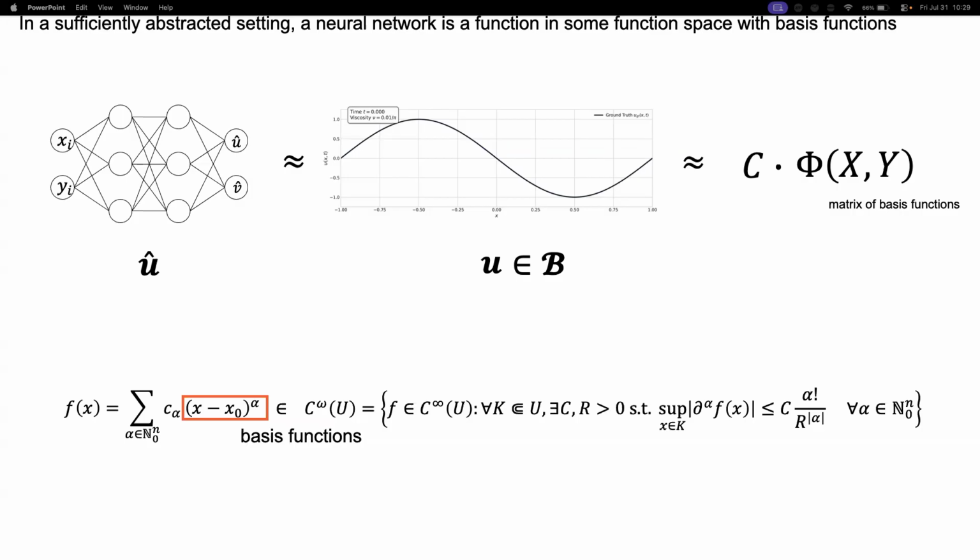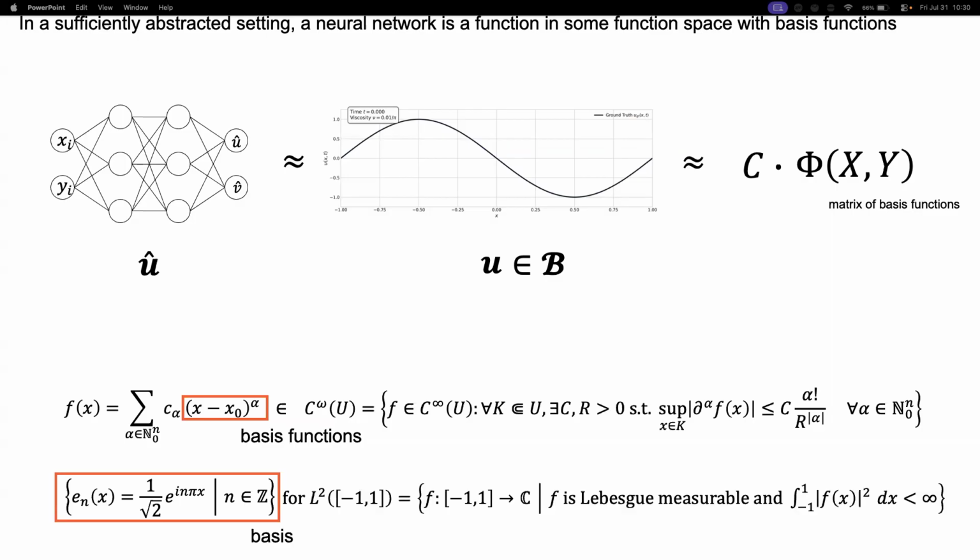In mathematics, someone who is familiar with it will know what this means. This is on the basis of the L2 space, where f is Lebesgue measurable and the corresponding L2 norm is finite. So this basis can approximate any kind of function that is in the function space.